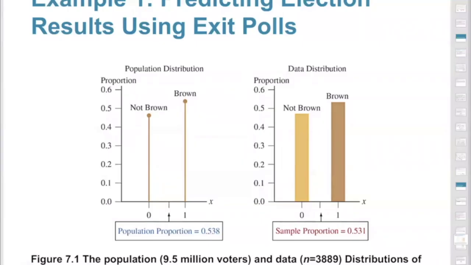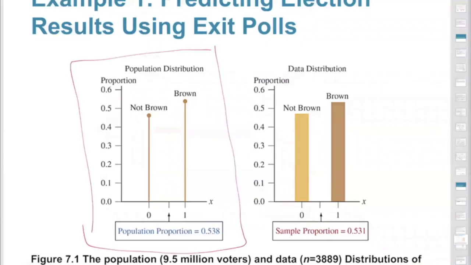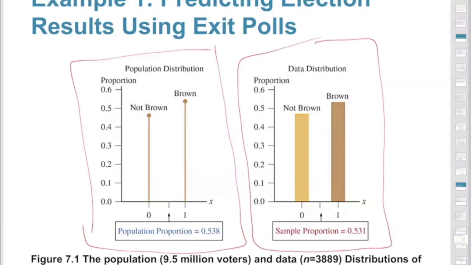This is the population distribution chart, and this is the sample distribution chart. Both are similar, right? As you can see here, for the people who voted for the other person, and for the people who voted for Brown, the percentages are so close. The percentage from the population is 0.538, and from the sample is 0.531.